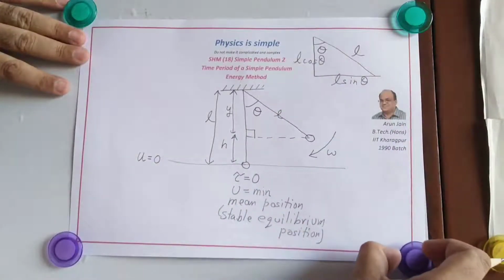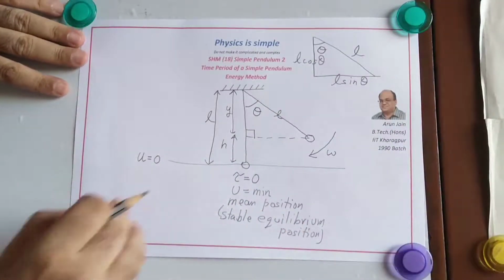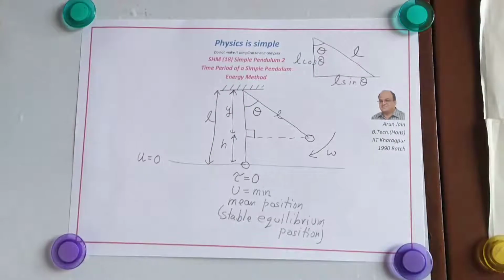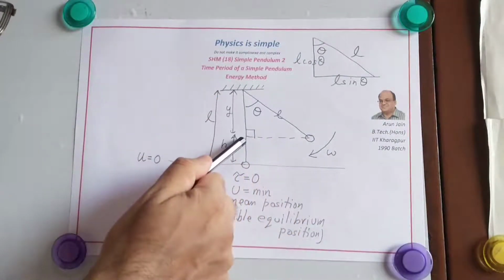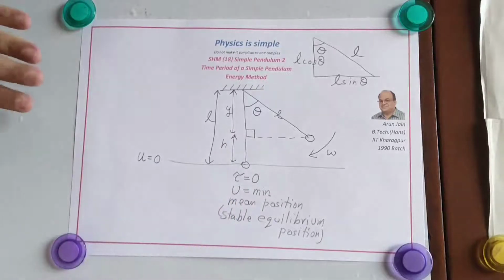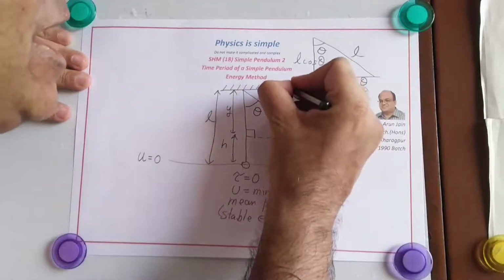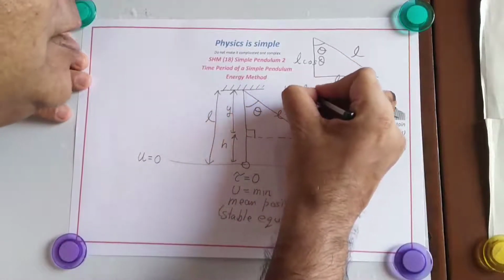That is very simple. It comes from the definition of sin and cos. So if this is L, this will be L cos theta. Therefore, in this situation, y is L cos theta.